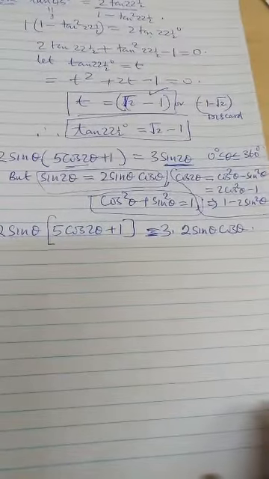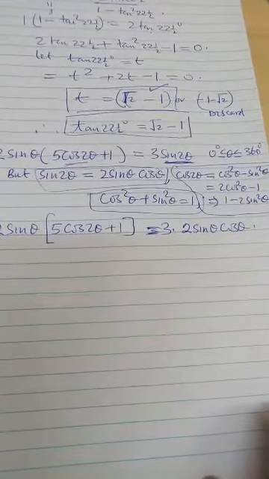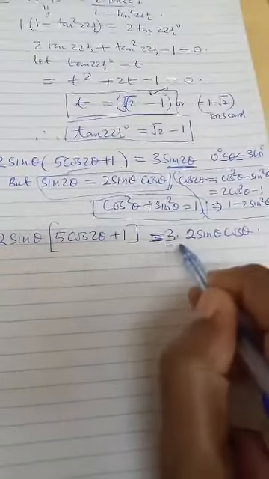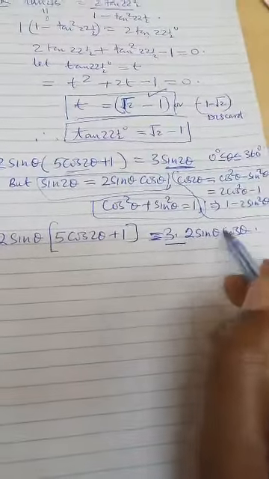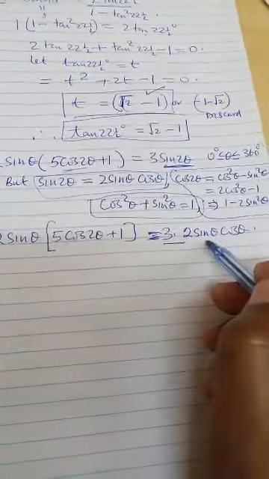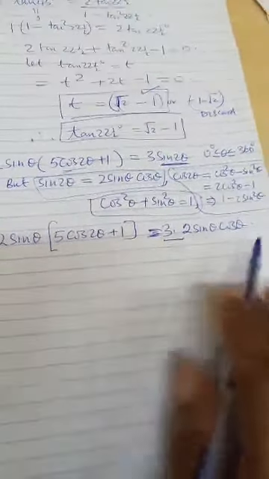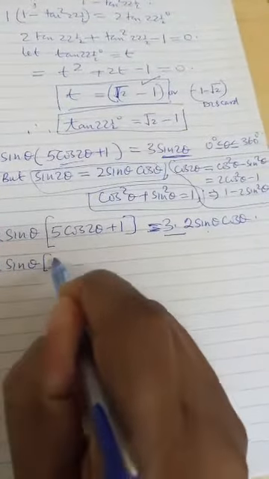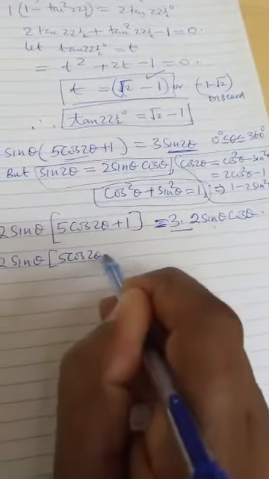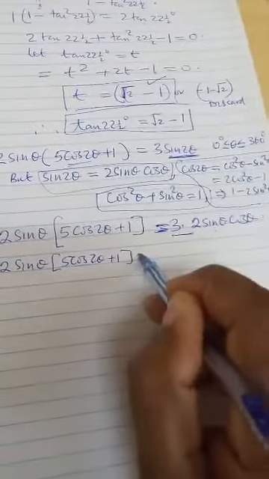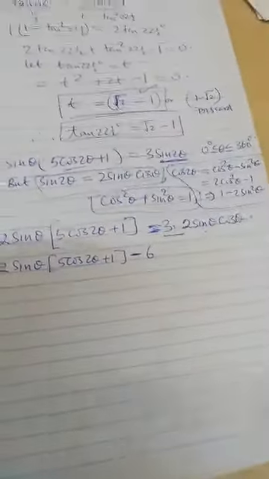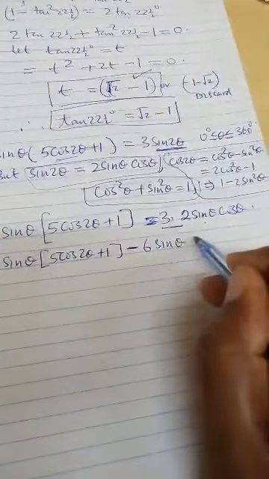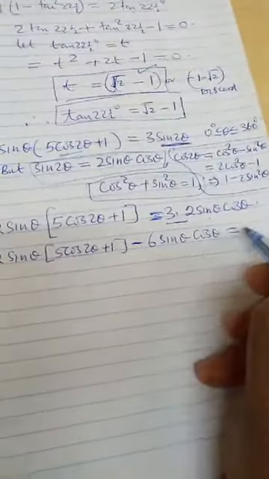Usually here we don't encourage crossing. We notice this is 6, and this is sine theta. So we can say we will have 2 sine theta, into 5 cos of 2 theta plus 1. We can bring this side. Minus 6 sine theta will be equal to 0.